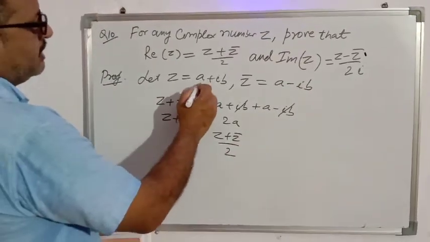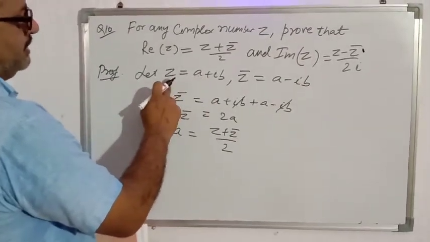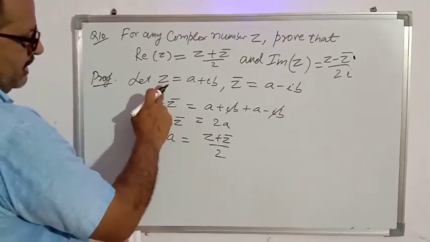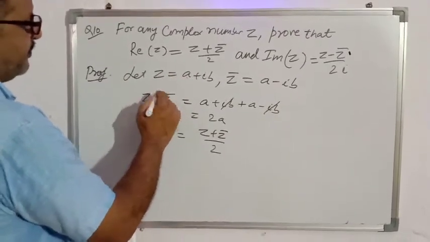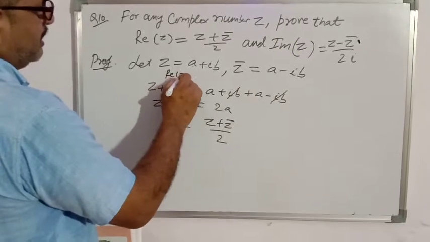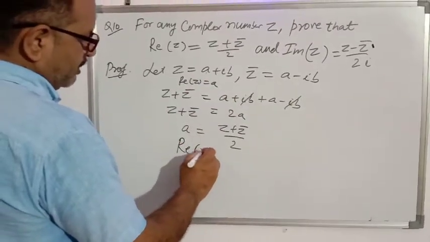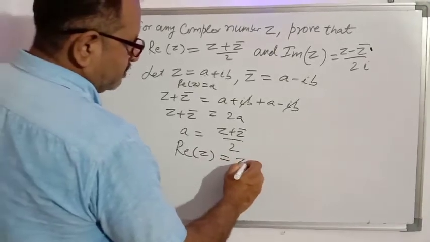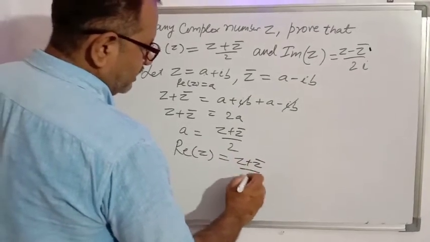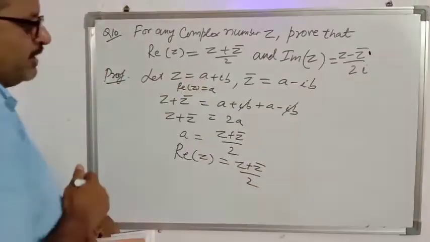A is the real part of z, since z is a plus ib. So we can write here that real part of z is equal to z plus z bar by 2. This is the first part.